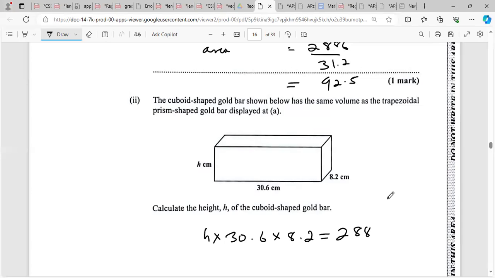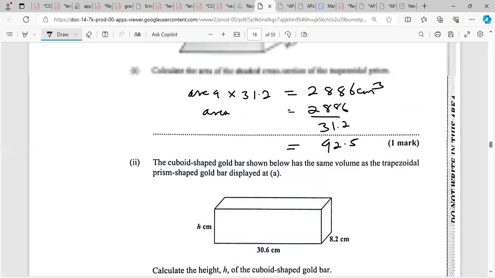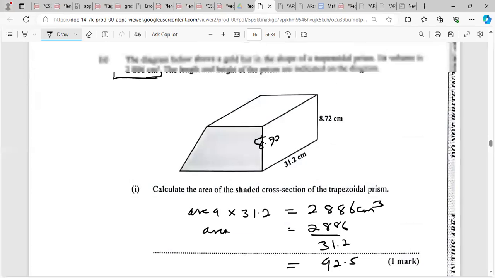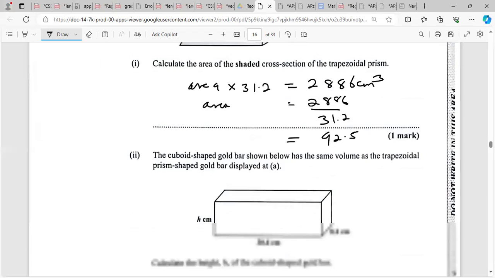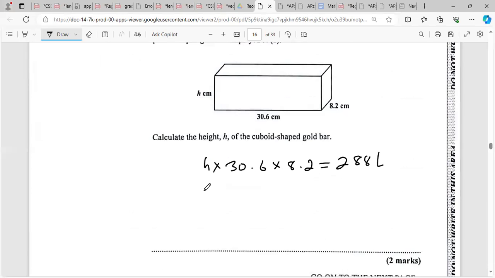So 2886. Alright, so we know say h. I remember just punching this now. 30.6 times the 8.2. That's our 250. And that equals 2886.